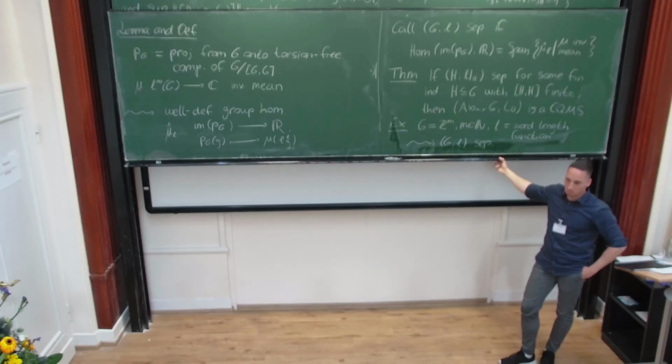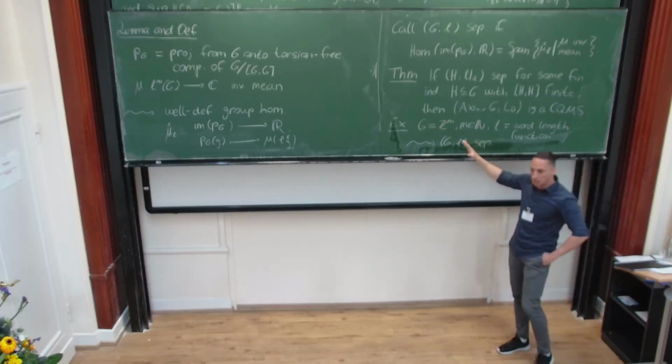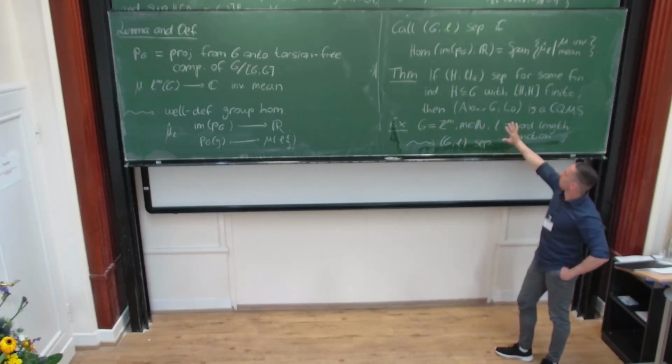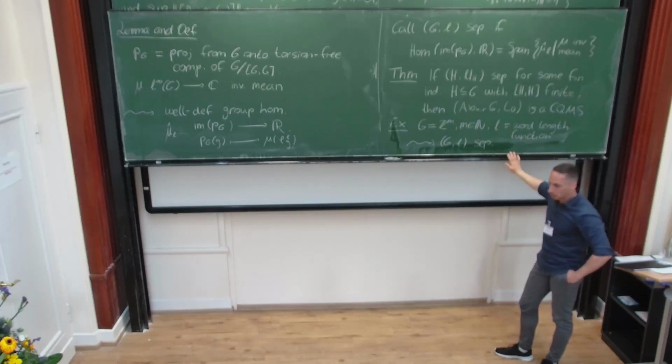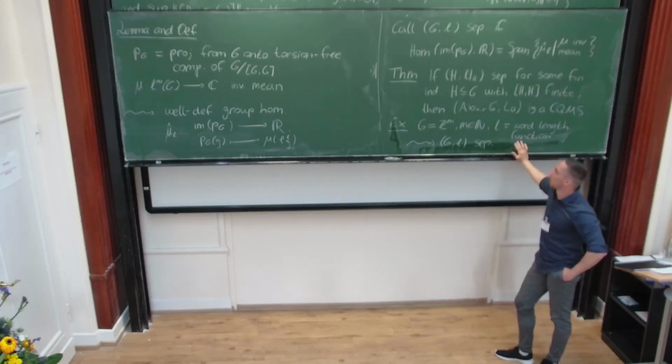So this is exactly the class of virtually abelian groups. Do you agree? Yes, probably. As I told you in the paper, this theorem is formulated in a more general way, but this theorem is for virtually abelian groups.